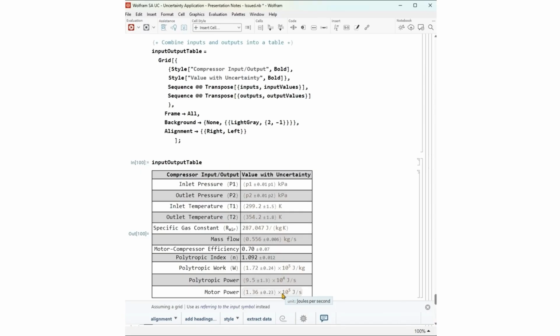You end up with a motor power of 136 kilowatts with an uncertainty of 23 kilowatts, which was the whole objective, to get what the motor power would be for a specific flow rate of air with its uncertainty.